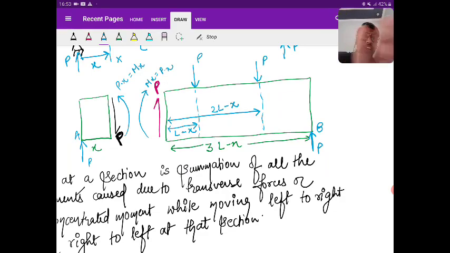And if I forget the left side, you can see that the moment of P into H as a resistance can develop only when the moment caused due to the external load is anti-clockwise, that is, the net effect is anti-clockwise in direction.